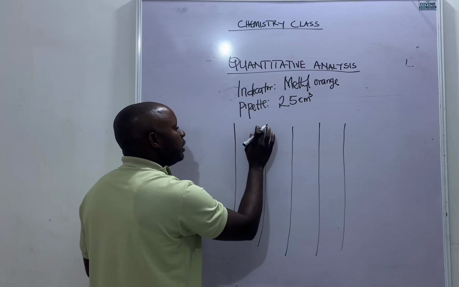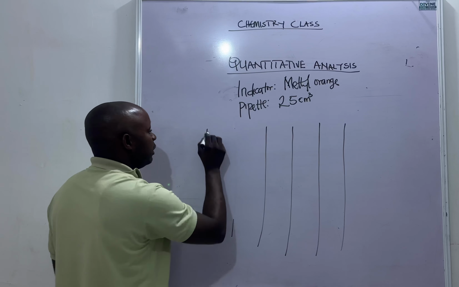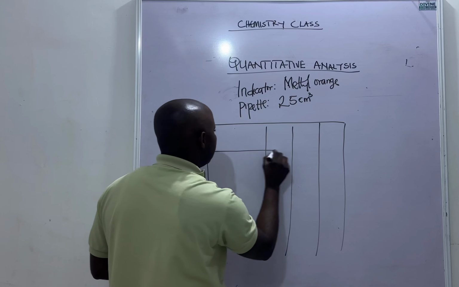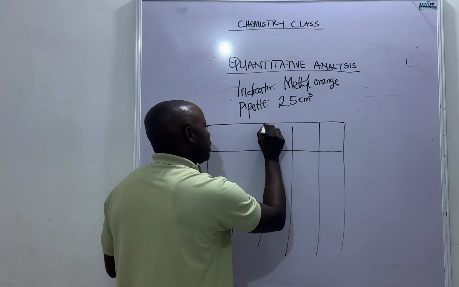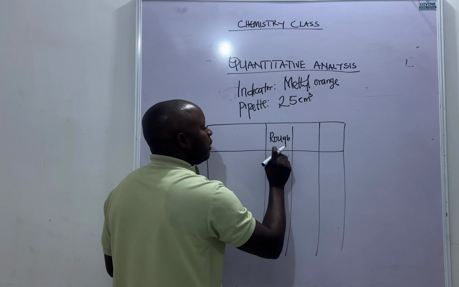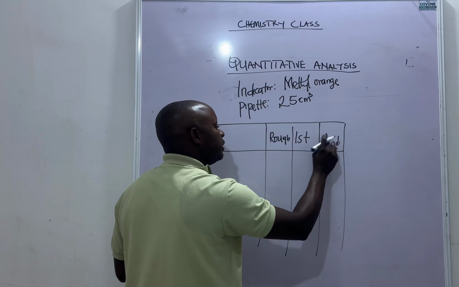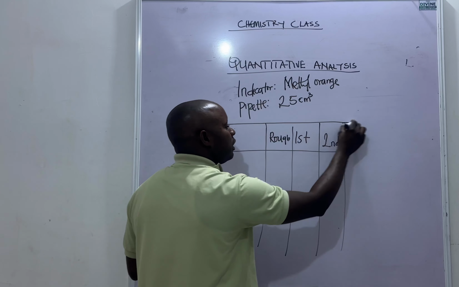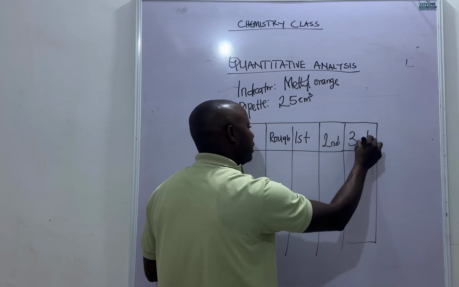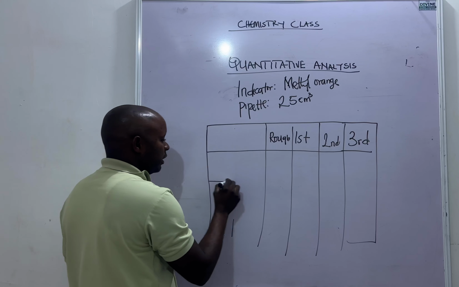Let's say we have a bigger table like this. We have rough here, then first, second, and let's have another column for the third titration.